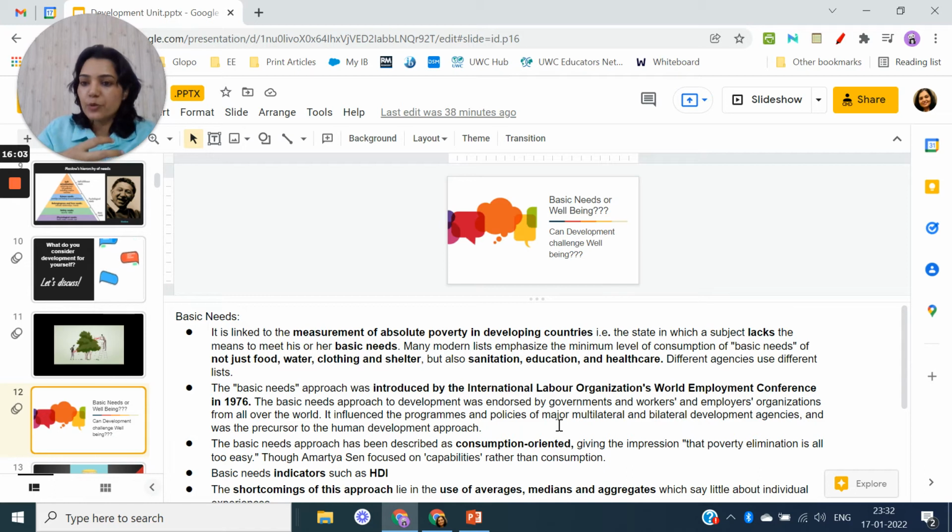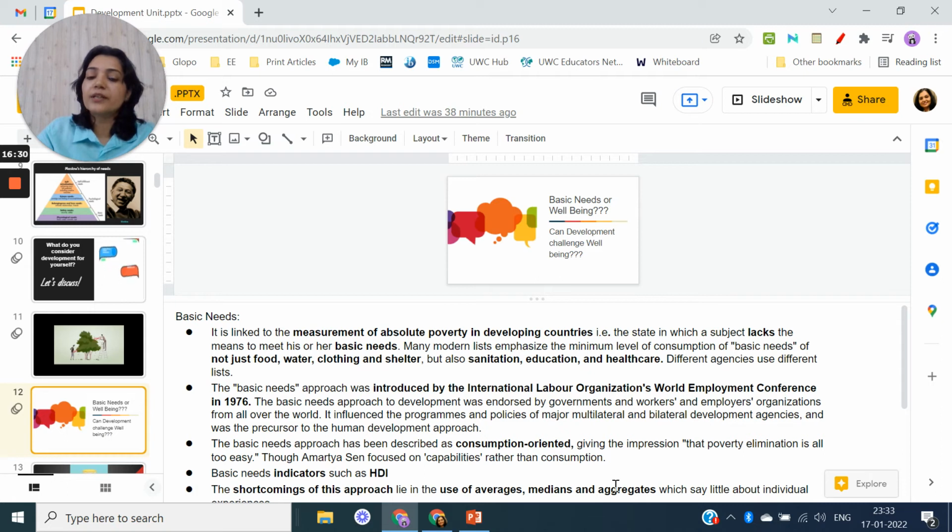Now, this approach, the basic needs approach, was introduced by the International Labor Organization's World Employment Conference in 1976. Why? Because all the countries appealed that these should be the primary factors. Okay, countries should include these basic needs, right? So this was introduced in 1976.